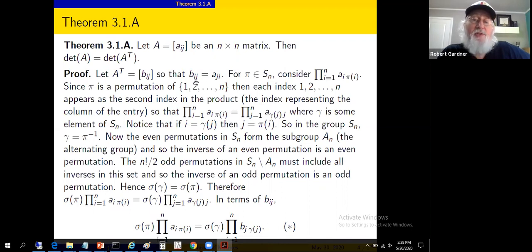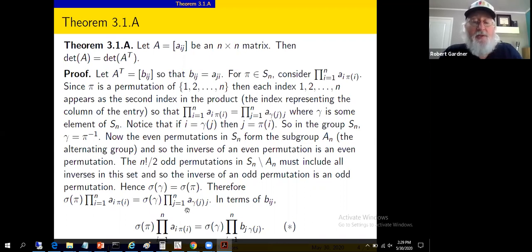Remember, b sub ij is a sub ji. I've introduced the b's to reverse the indices. So to find the corresponding b value, we reverse the indices and get b sub j, gamma of j, because that equals a sub gamma of j, j. Reversing the order on those indices gives you the b's. Let's call this equation star.